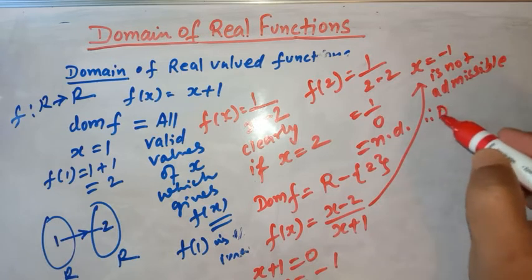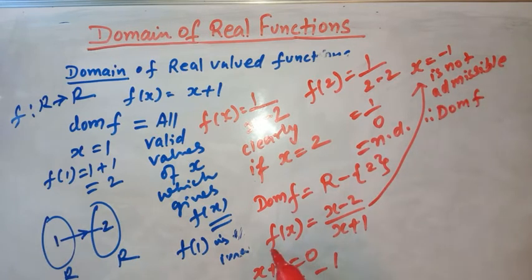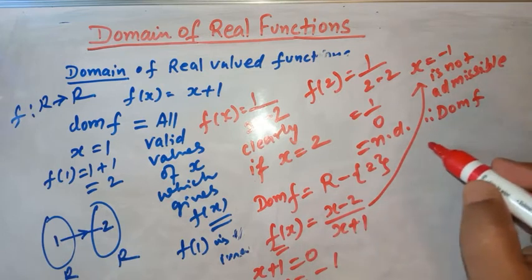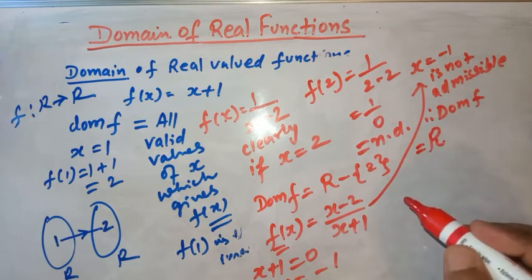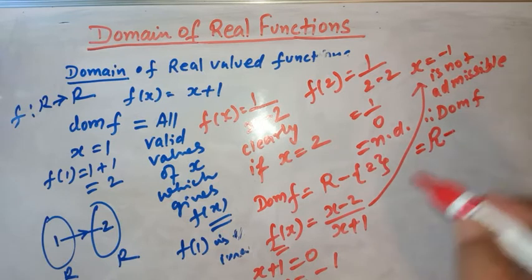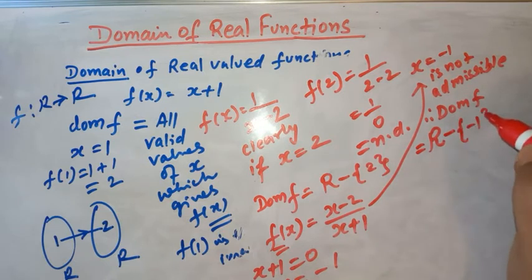Therefore the domain of this function f must consist of those values of x which make this function valid. So the domain is the set of all real numbers excluding minus 1. Clear?